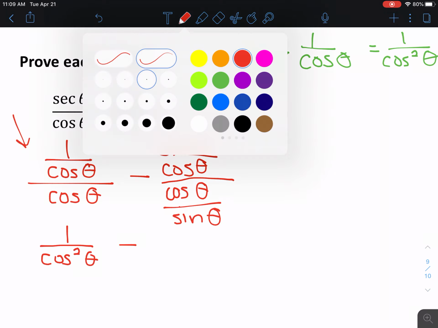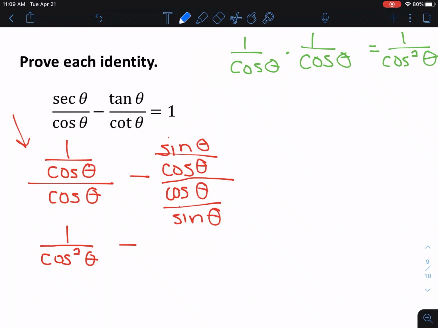Okay, so let's try to do something similar with the other one. I've got sine theta divided by cosine theta, and then divided by cosine over sine. So I'm going to multiply by the reciprocal.